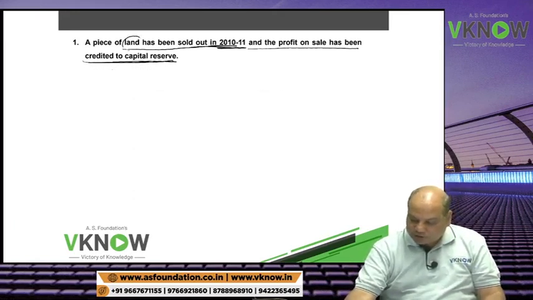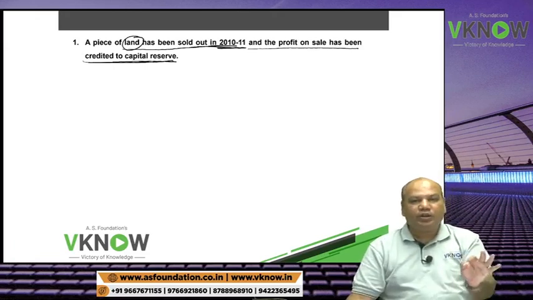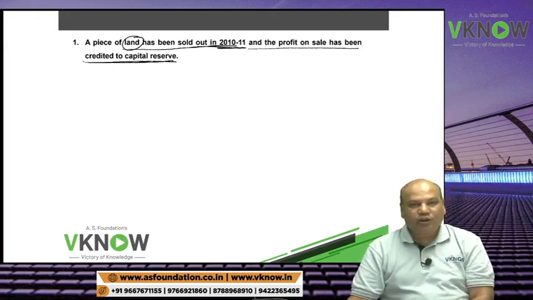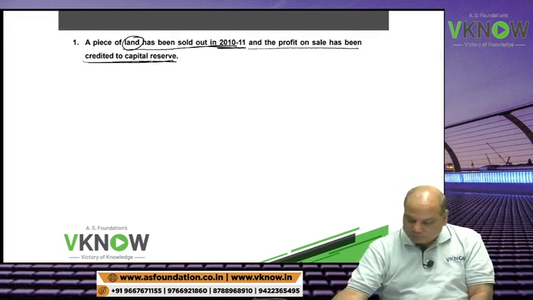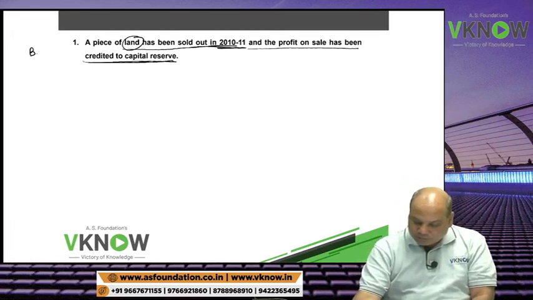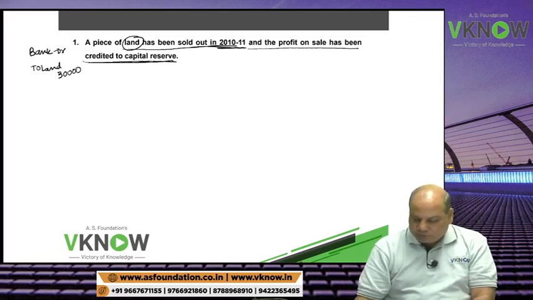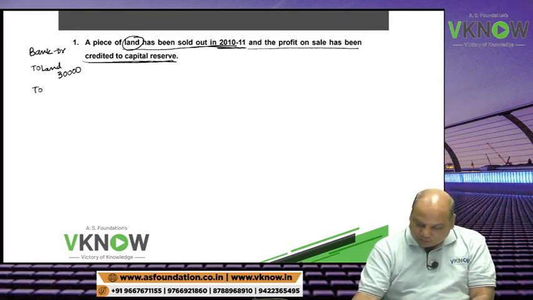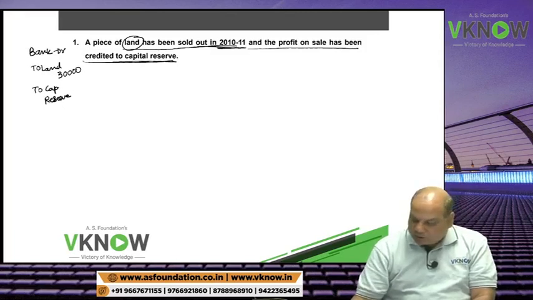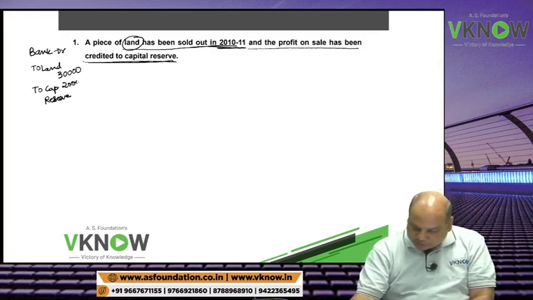So understand the journal entry, what entry they have passed. Those who want to write down, for the first one, bank account debit to land account, you will see land is reduced by 30,000, and to capital reserve, you will see capital reserve is credited by 20,000.